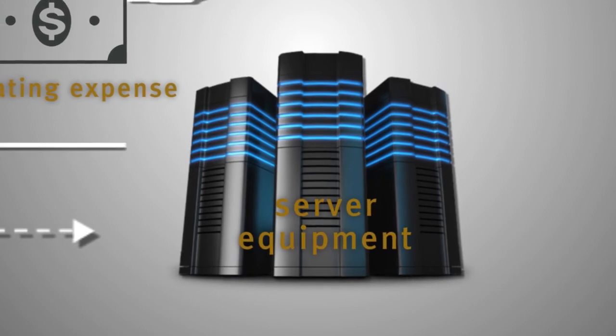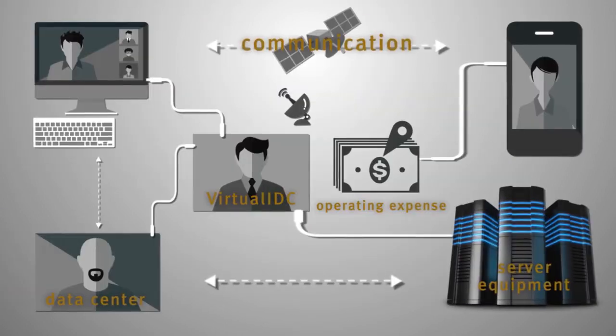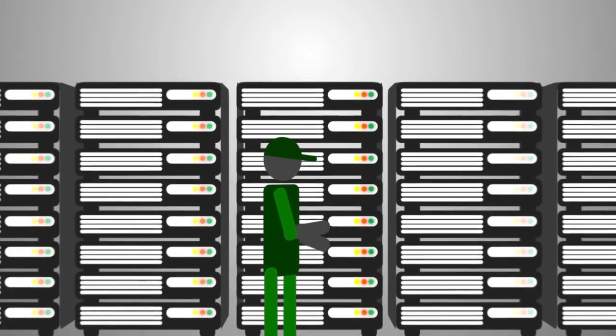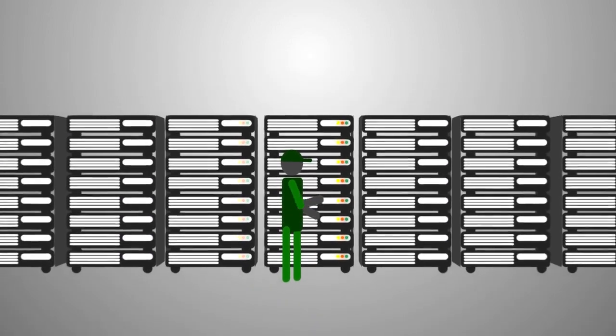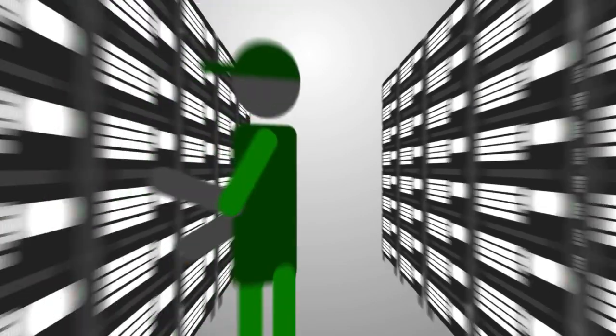You also need to put constant effort into the introduction of server and network equipment, as well as to reduce the operation expense. As the number of customers increases, operating servers and network equipment will increase as well. The operation expense and potential risks are also growing.